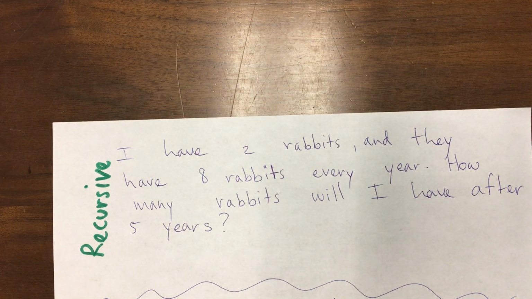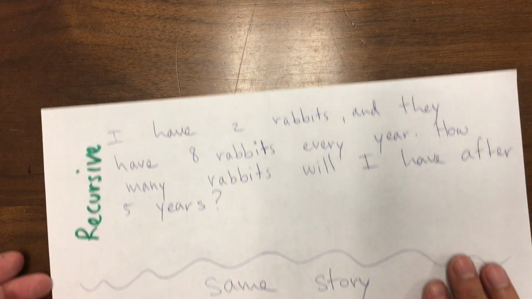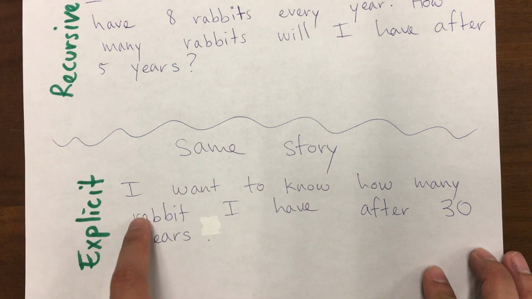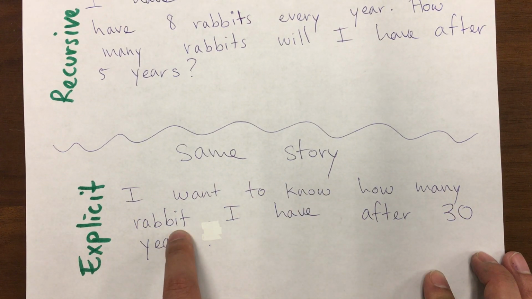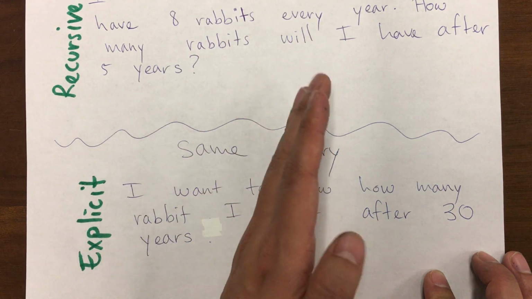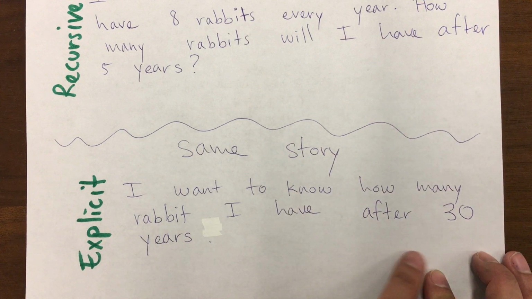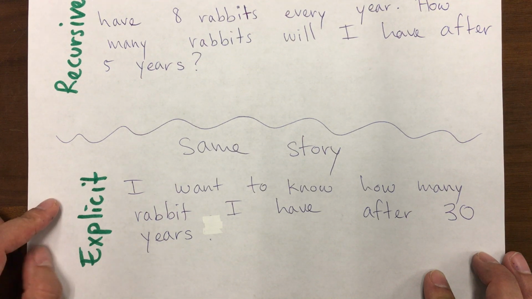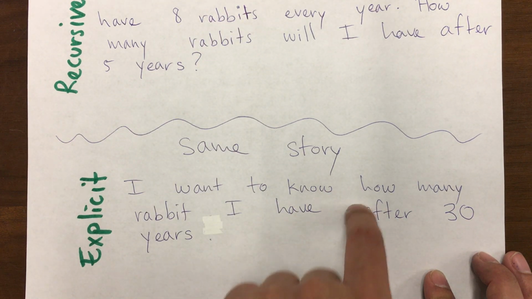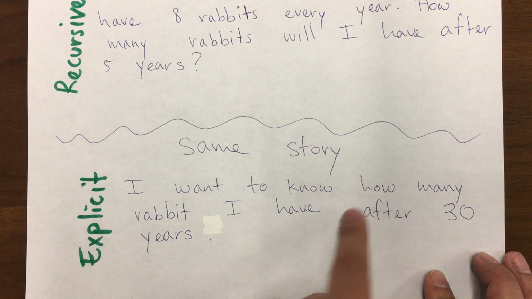Now let's do some examples for the explicit formula. And so they said in that class that it will be the same story, but I want to know how many rabbits I have after 30 years. So how many rabbits will I have after 30 years? You don't want to do a list of times 8 times 8 times 8 30 times, right? So you would probably be better off if you use the explicit formula and just put f of 30 equals the initial point 2 times 8 to the 30 minus 1, and the 30 minus 1 will be the power.